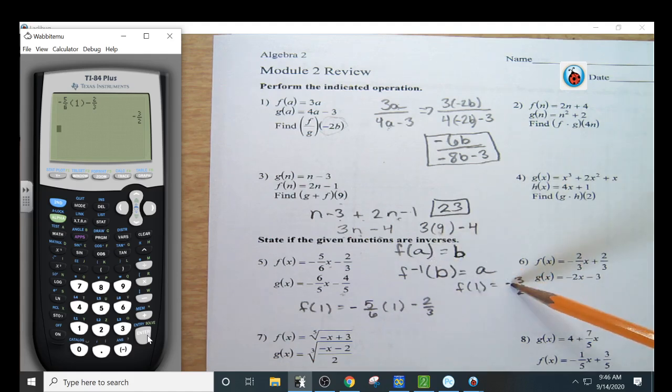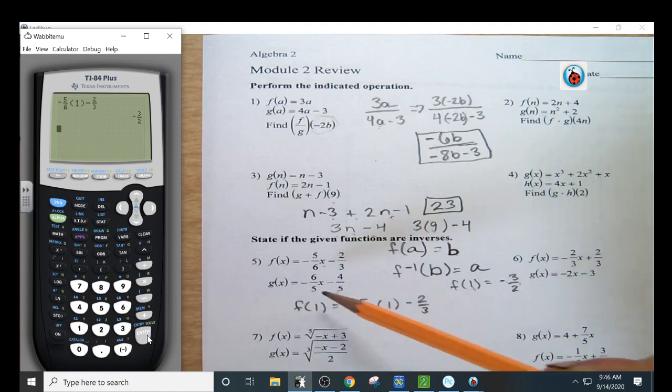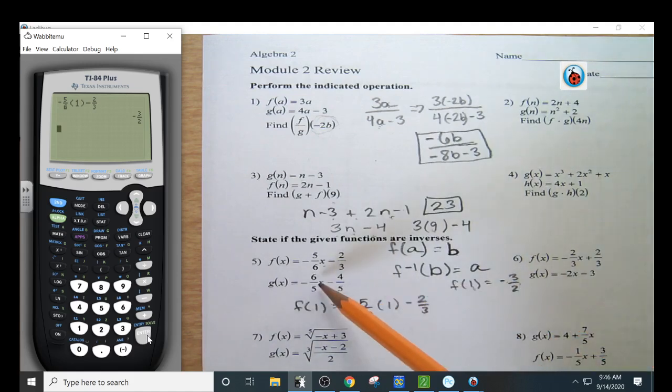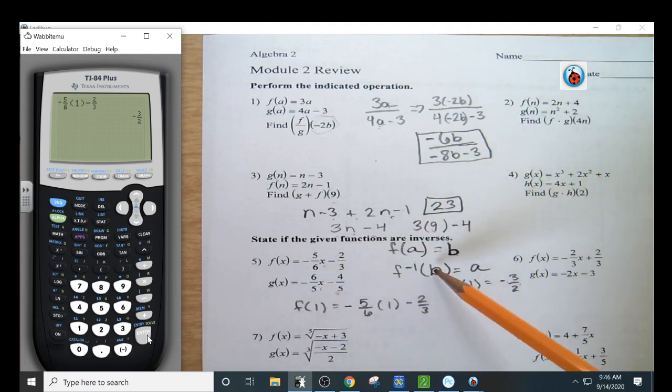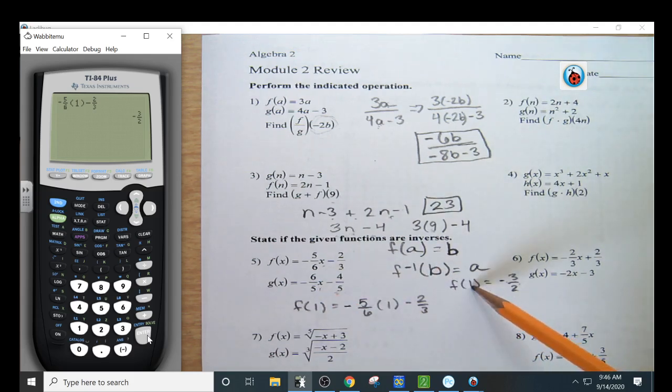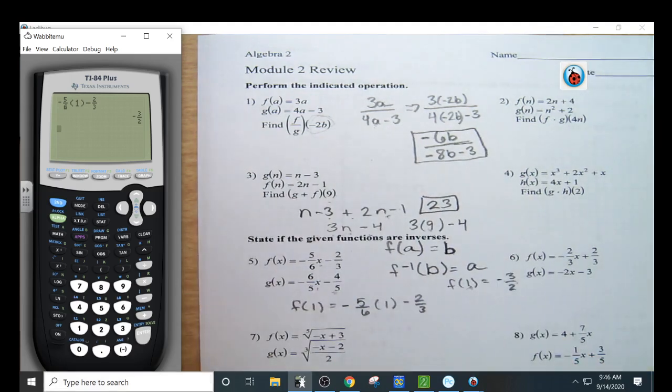Now what it's saying is I should be able to put this output value into the inverse, and it should give me back the number 1. So let's let G be our inverse here.